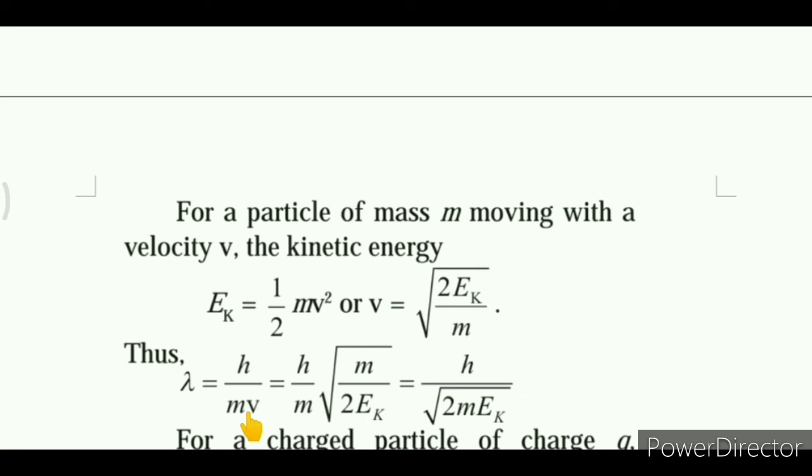Substituting the value of the velocity in the de Broglie relation, the equation becomes h upon m into the square root of 2 times kinetic energy upon m. When we solve this equation, we find that the wavelength of the moving particle is h upon the square root of 2 times m times kinetic energy.